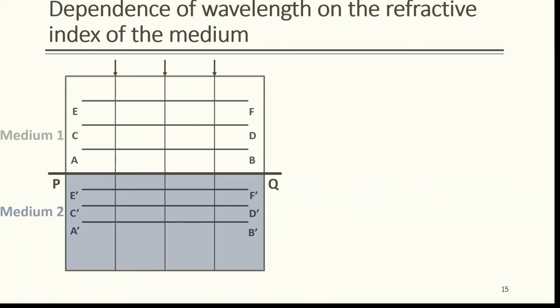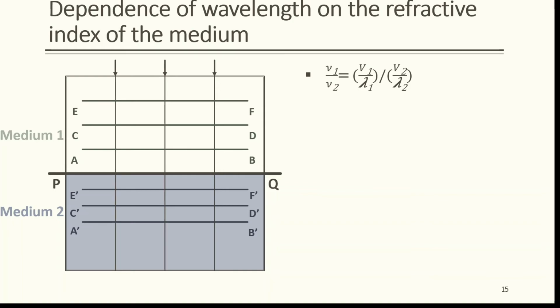We know V equal to nu lambda, as the ratio of the frequencies of the wave in two media can be written as nu1 upon nu2 equal to V1 upon lambda 1 divided by V2 upon lambda 2.